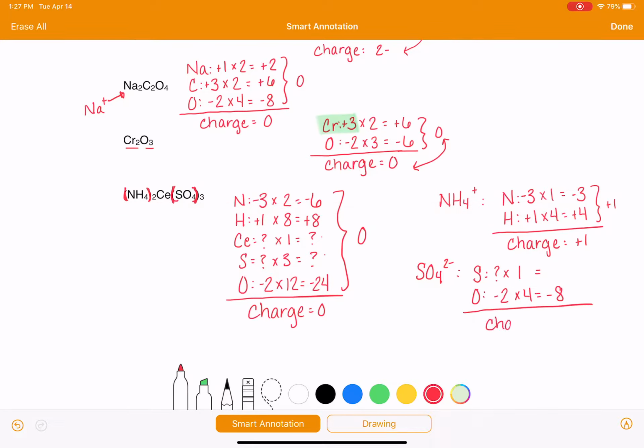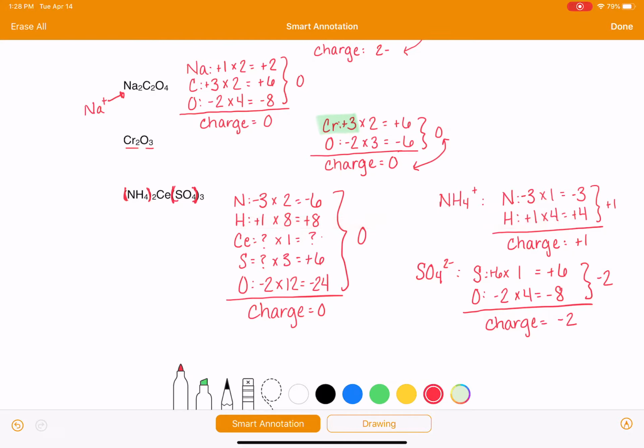And the charge on this is a 2 minus. So these have to add up to 2 minus, which means sulfur has to be plus 6. There's only one of them, so it's a plus 6. So that means we go back over here. This guy is a plus 6.